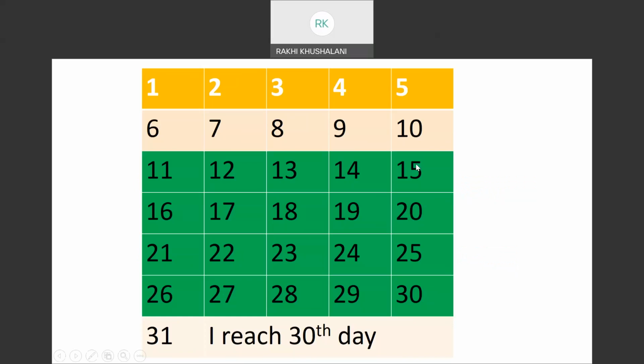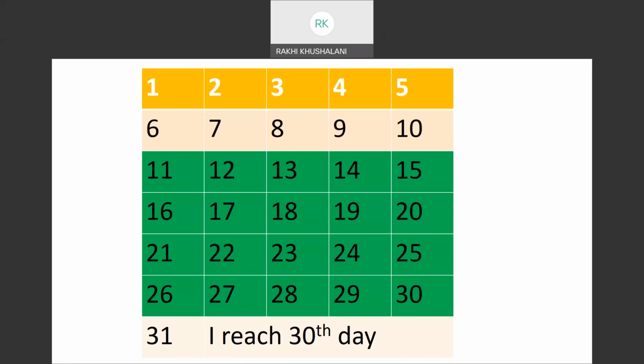Children, here I'm presenting you one grid. We just have 31 boxes there, and every box is numbered 1, 2, 3, 4, 5. Now, these can be just a calendar of any month. It's not specifying any day of the week, nor is it specifying any month of the year.